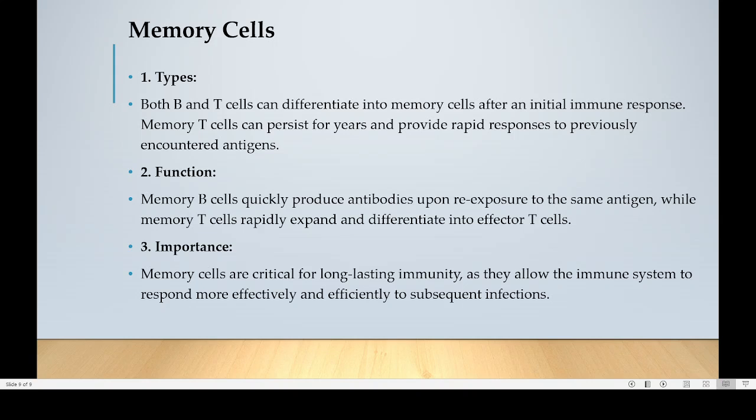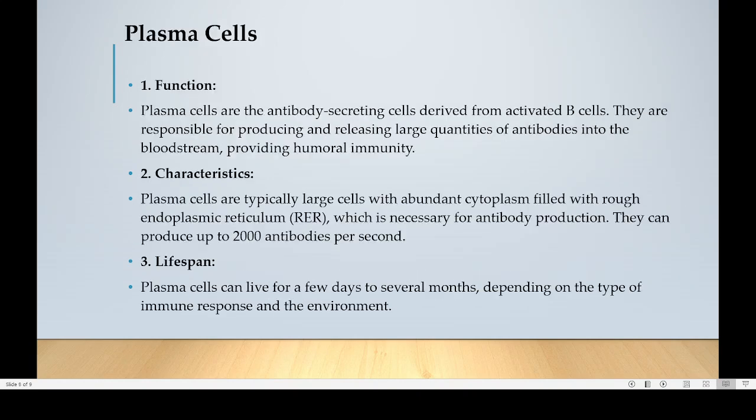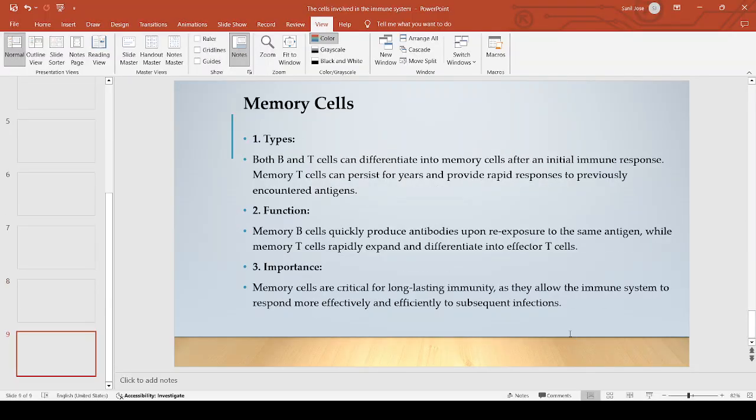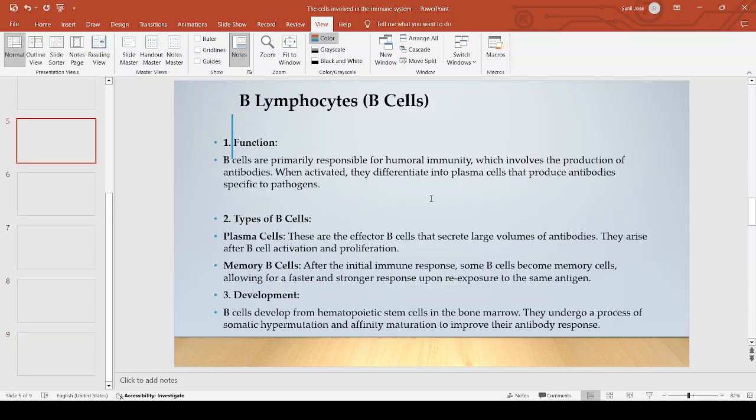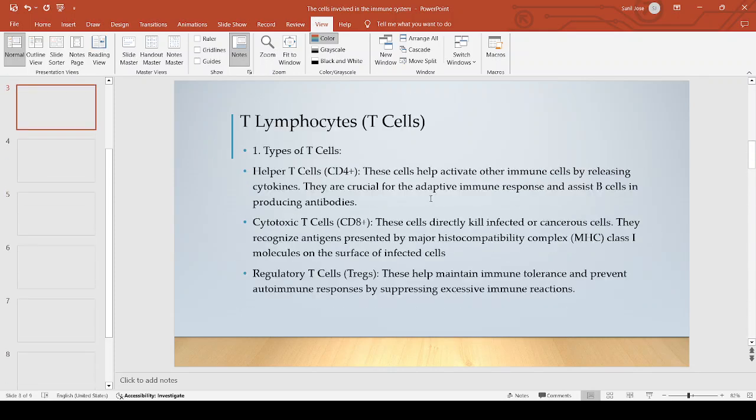So this is the mechanism of memory cells, and this phenomenon is known as immunological memory. So this is an idea about the different types of cells like memory cell, plasma cell, then you have natural killer cell. Then you also have different types of B lymphocyte and different types of T lymphocyte.